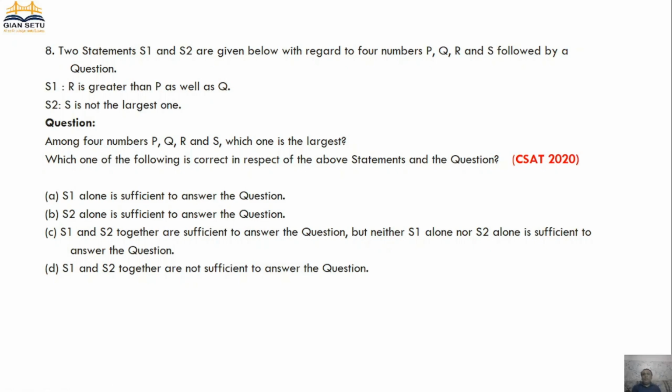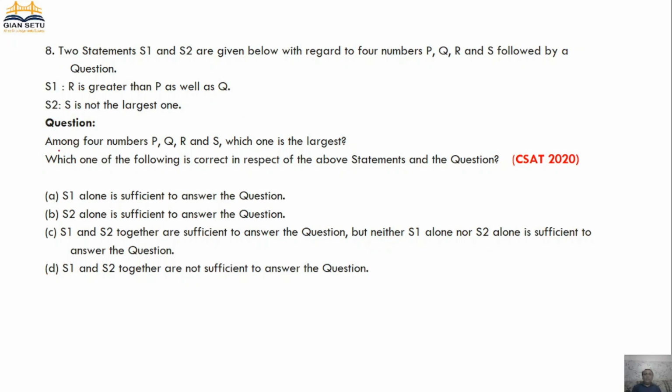Now question number 8 is: two statements S1 and S2 are given below with regard to four numbers P, Q, R and S, followed by a question. Statement S1 is R is greater than P as well as Q, and statement S2 is S is not the largest one.